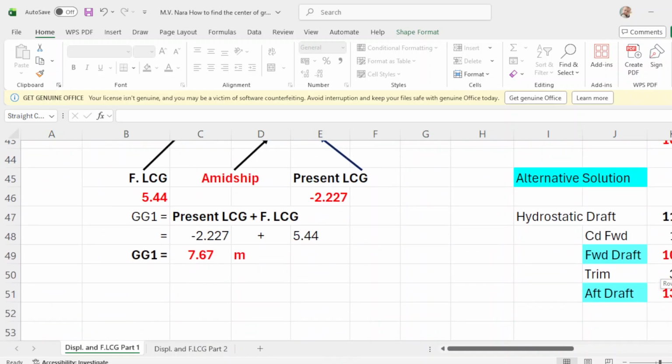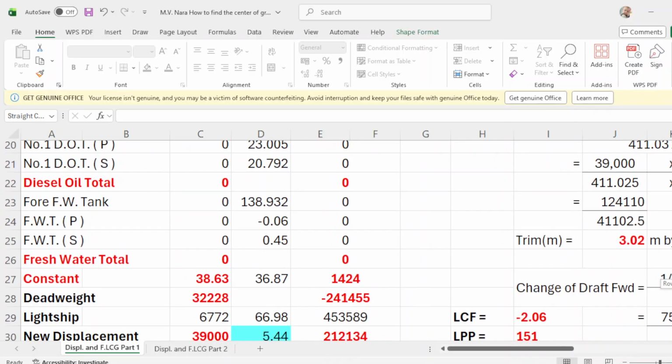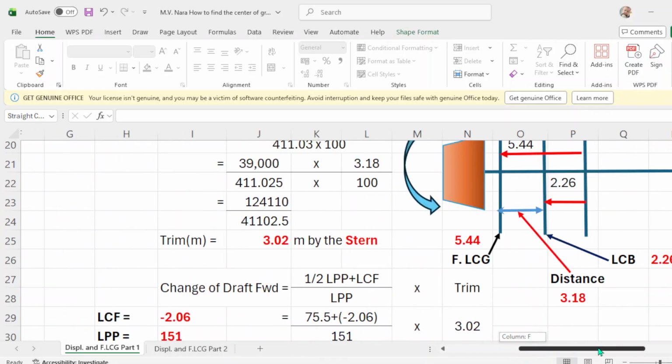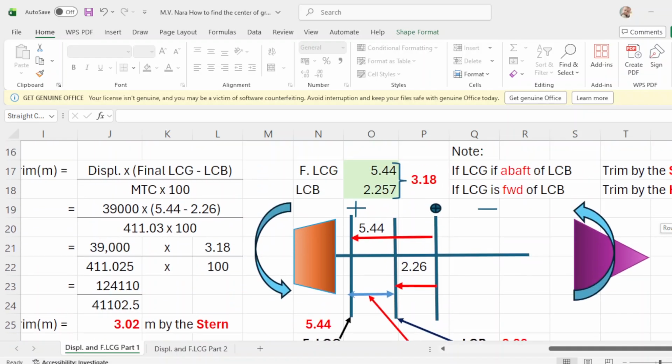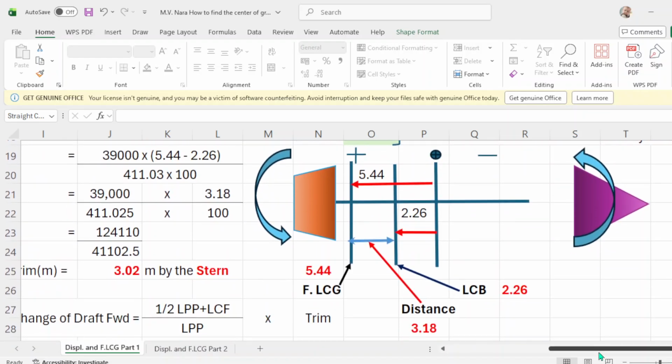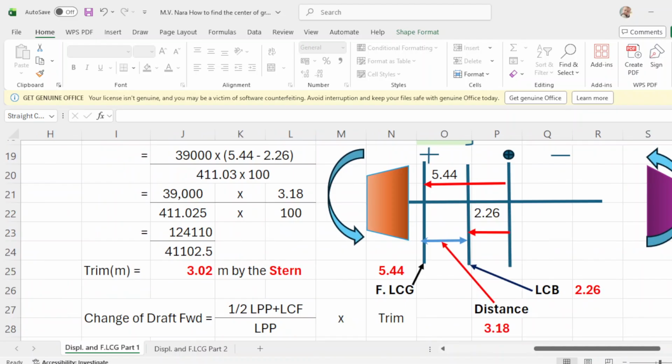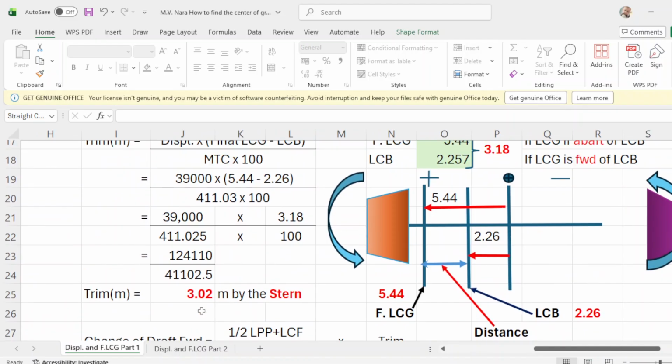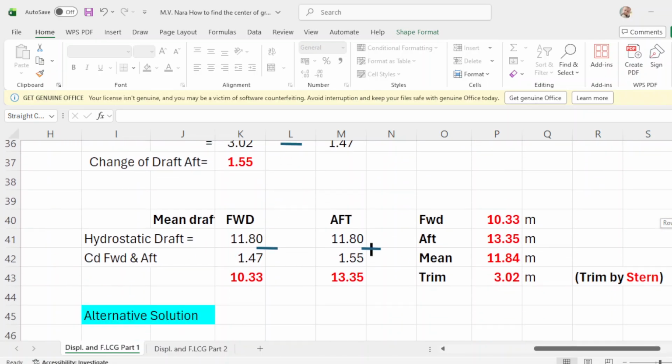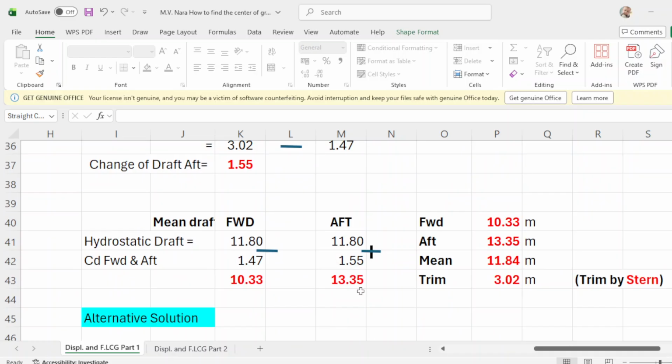If your desired trim by computation is 3.02, then the simple equation, up drop minus forward drop, should also be 3.02.